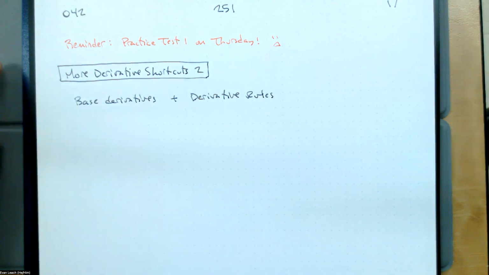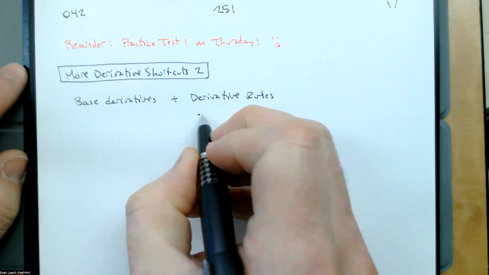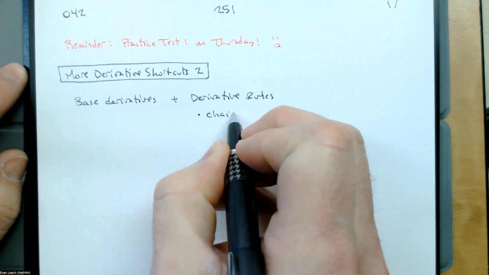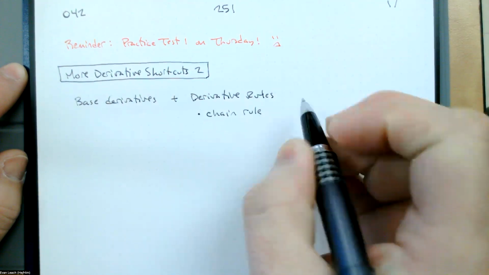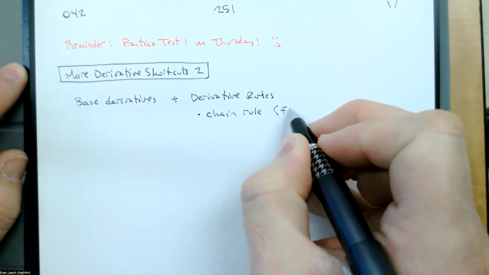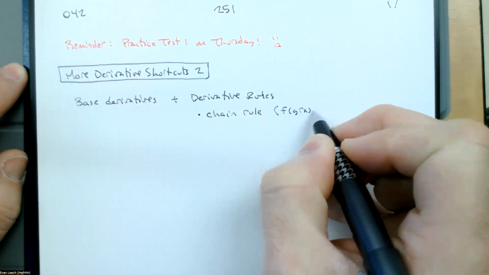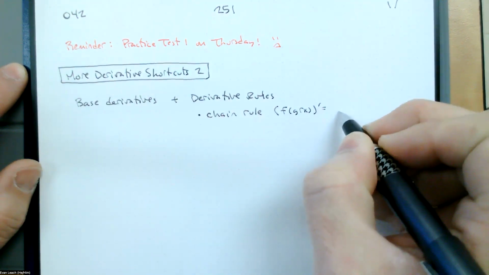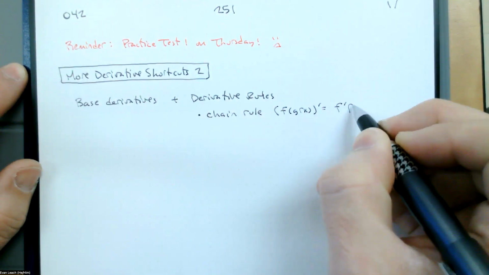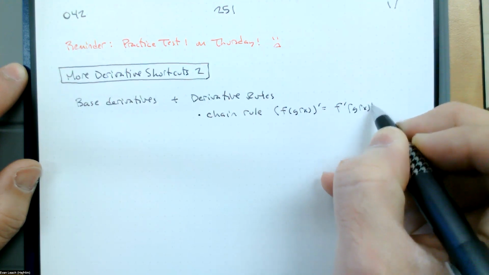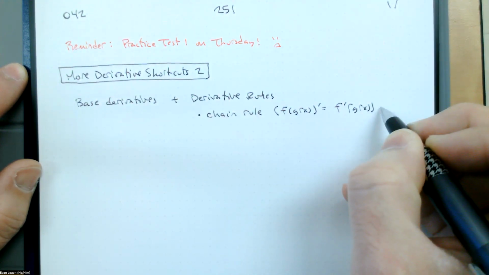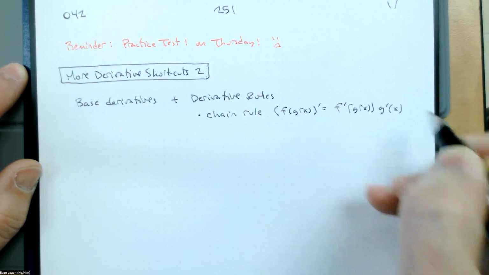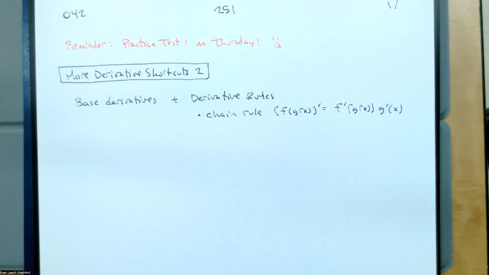But in the category of derivative rules, we have things like the chain rule, which is the derivative of a composition of functions, where we take the derivative of the outside function with respect to the inside function, and we multiply by the derivative of the inside. That's the one that we learned yesterday.